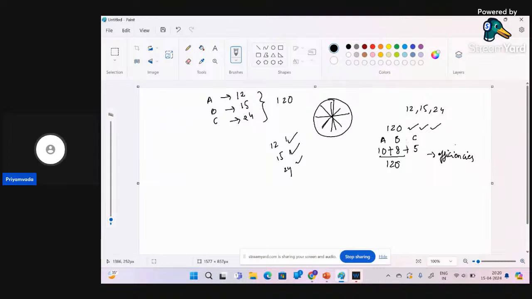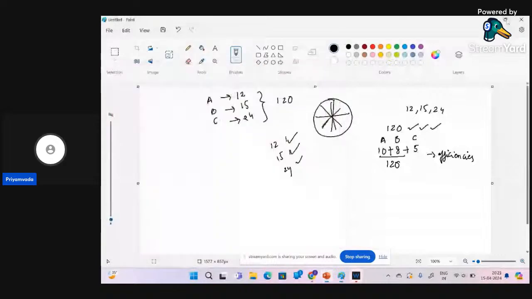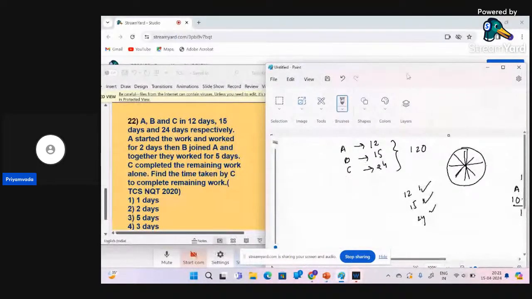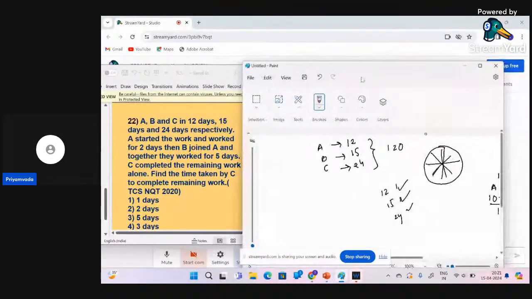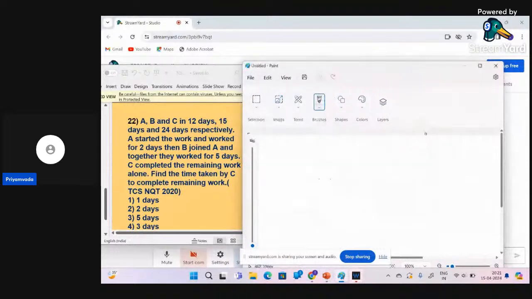So now while going to the next part, it is given that A started the work, right? Okay, now I'll be presenting both the screens together for you. Let me start in here. And what are the efficiencies as we have calculated? 10, 8, and 5, right?